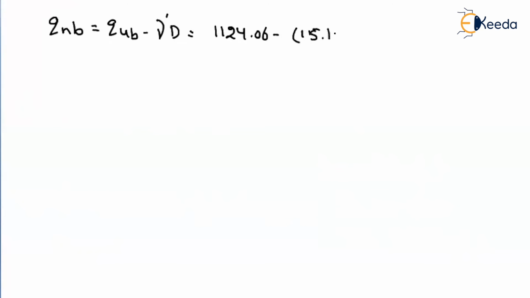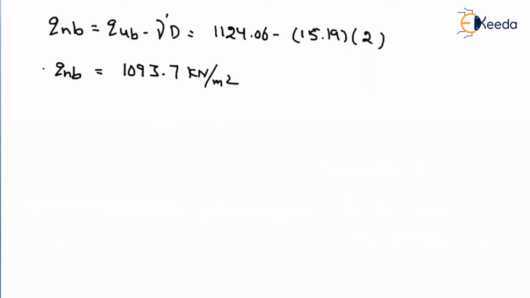So if you know the ultimate bearing capacity, the net bearing capacity will be equal to ultimate bearing capacity minus, as it is under submerged condition, gamma dash into D. That is 1124.06 minus 15.19 times 2. From this you get the net bearing capacity as 1093.7 kilonewton per meter square. This is the net bearing capacity of the foundation.